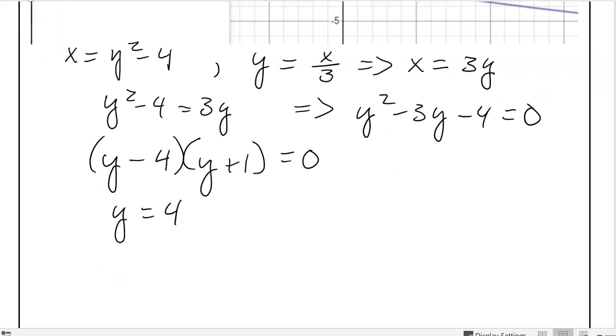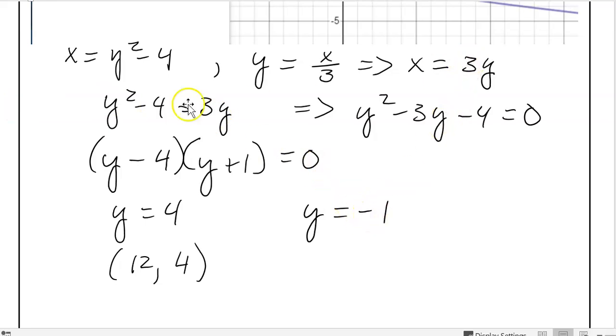If y is equal to 4, then I can take that value and look up here to find the x value. It'd be easier to use the equation where it's solved for x, but any of these will work. If y is 4, then the x value must be 12. This gives me a point of intersection of 12, 4.